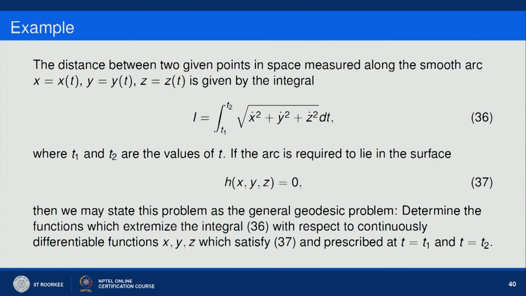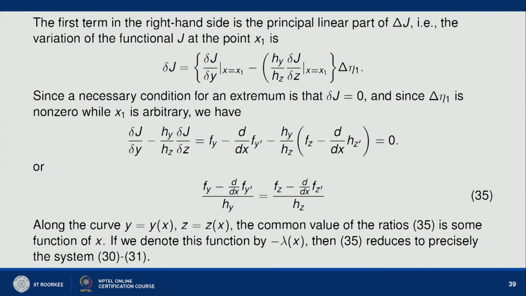Now let us take a particular example based on this, then we can understand. The only thing we have to remember here is that delta J by delta y minus h_y upon h_z delta J by delta z is equal to 0. So, let us take an example.